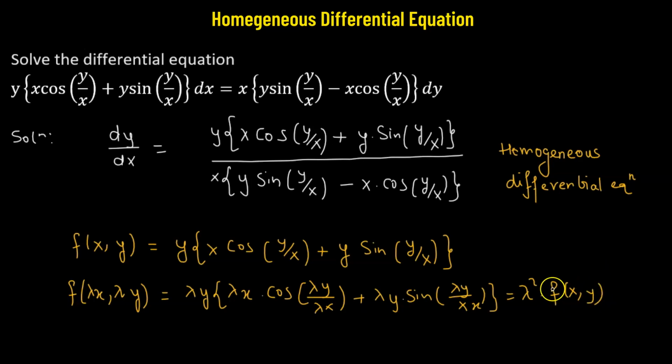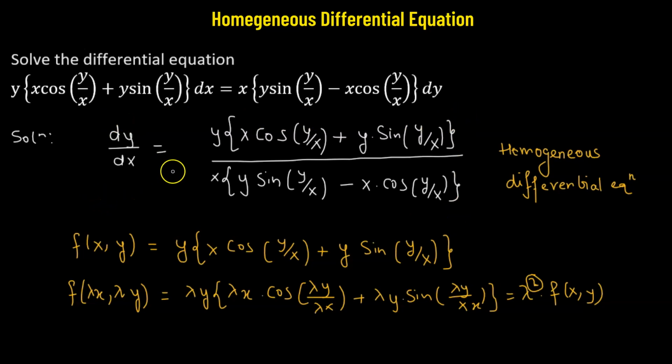This is the criterion for a homogeneous function. So f of x comma y is a homogeneous function of degree 2. Similarly, the function in the denominator is also a homogeneous function of degree 2. Since both the numerator and the denominator are homogeneous functions, we have a homogeneous differential equation.